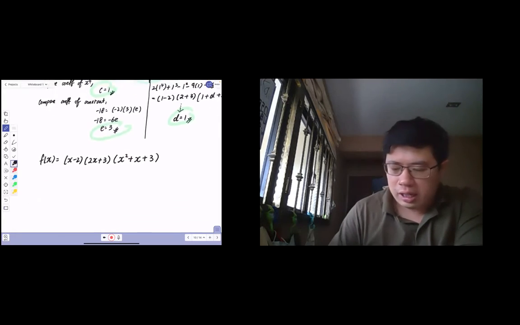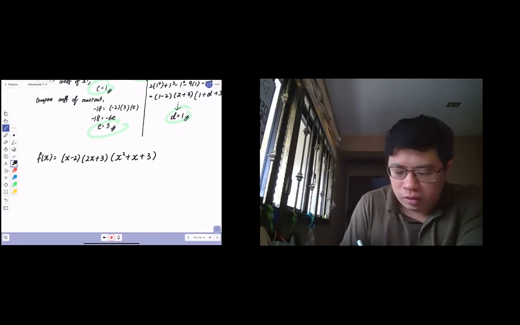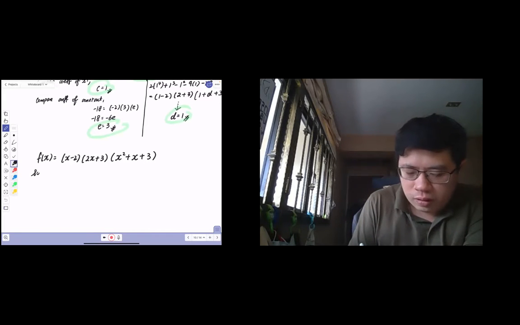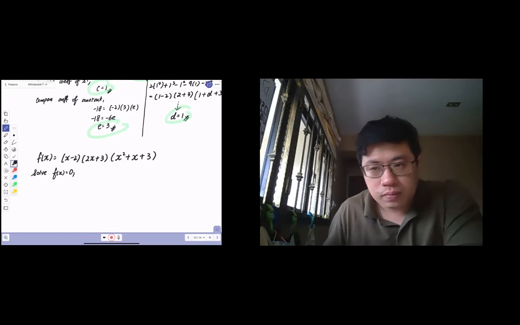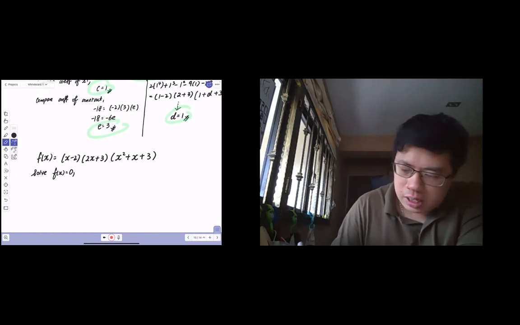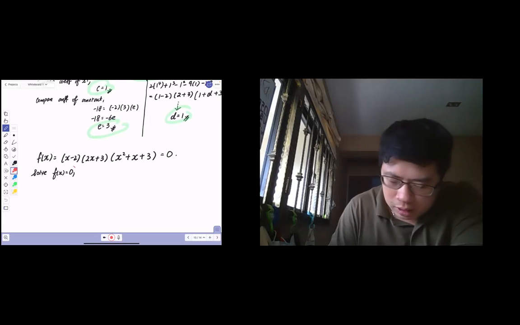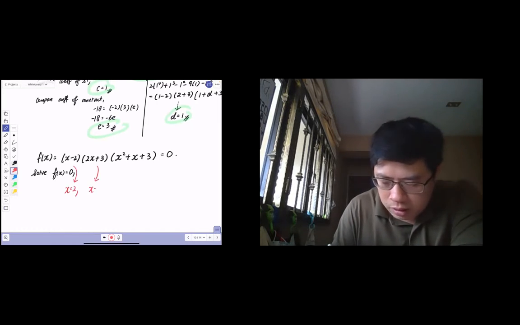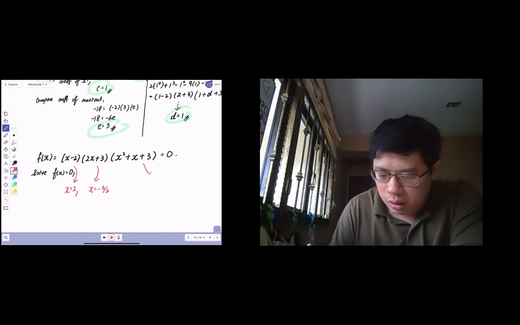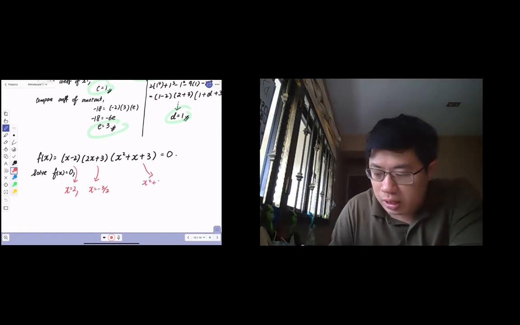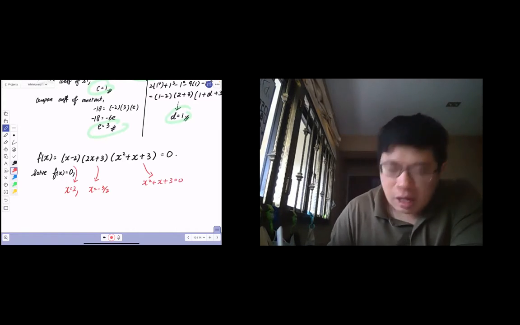Now after I factorize this, and you want to solve f(x) equals 0, it means that you basically equate this to 0. You can see that either this equals 0, x equals 2, x equals negative 3 over 2, or here, if you try to equate this to 0, you will find that there are no real roots.